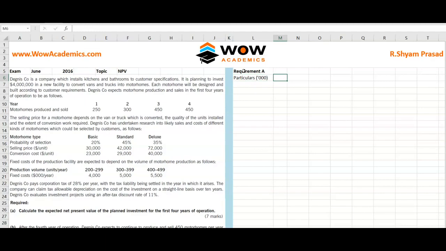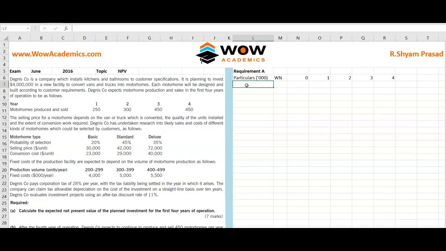We'll have working notes here to be referred to, and we'll start from the 0th year. Years 1, 2, 3, and 4 are the 4 years of operation. They have given it as 4 years of operation, so we don't need the 5th year because tax is not in arrears. Tax is paid in the year in which it arises, so no 5th year is required.